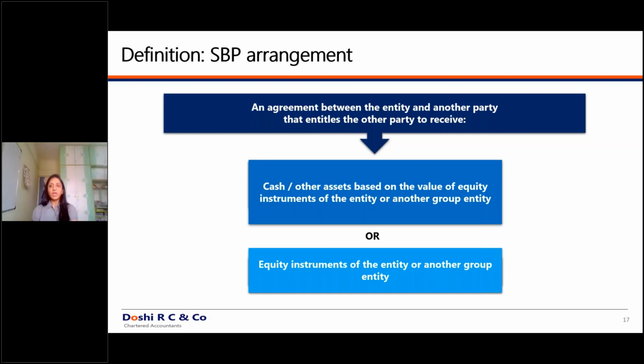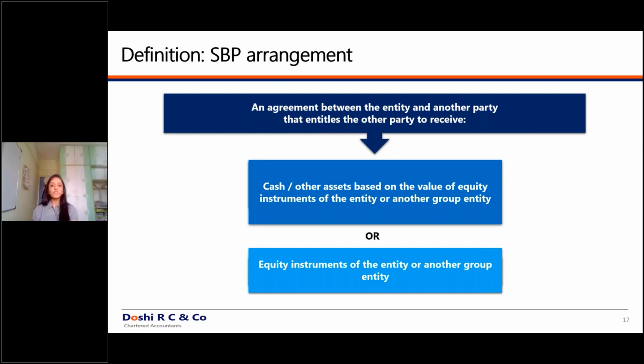So for example, today I say to my employee, if you stay 3 years in my organization, I will give you my own shares. This will be an option available to you. And if the fair value of my shares is say rupees 100, instead I will issue those shares to you at rupees say 70.